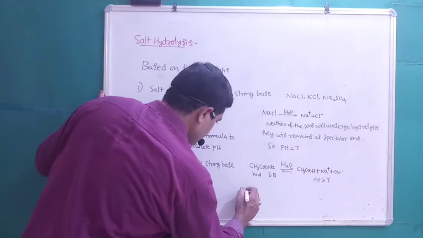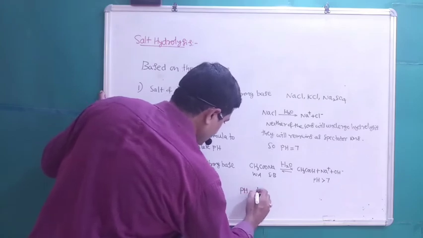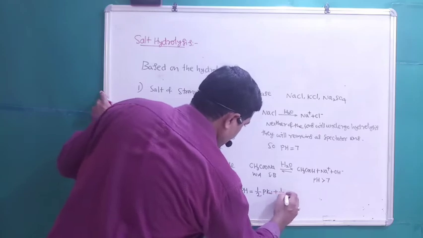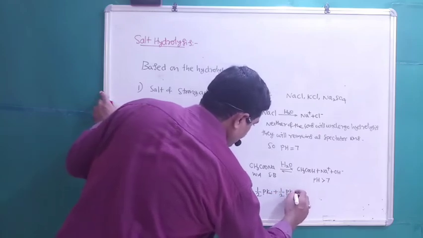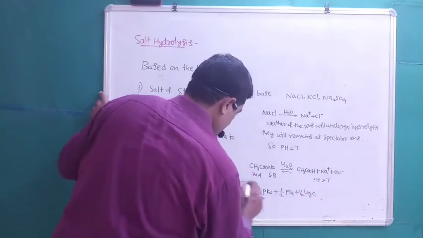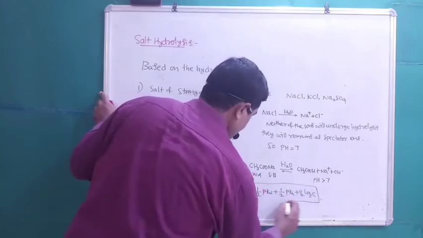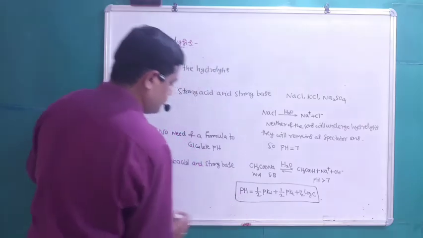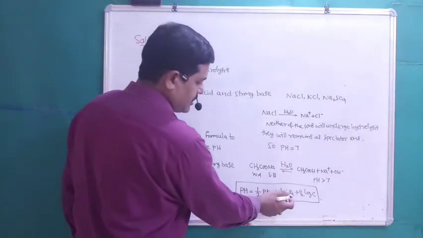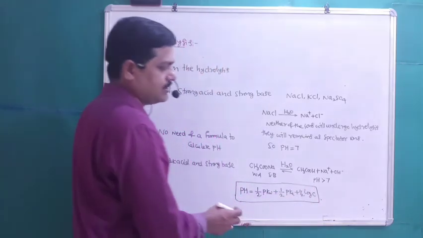The formula to calculate the pH of the salt of weak acid and strong base is half pKw plus half pKa plus half log C.